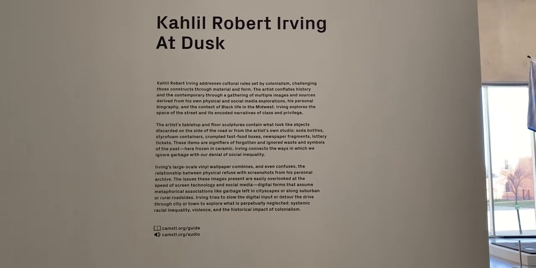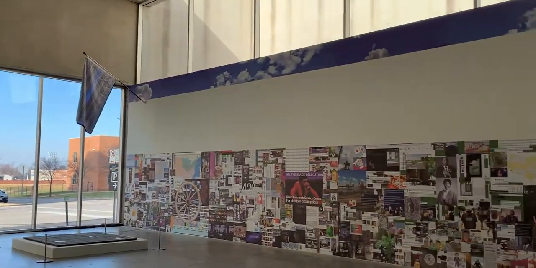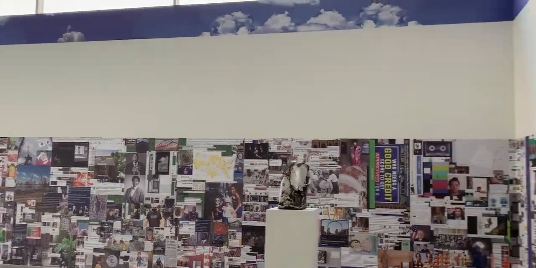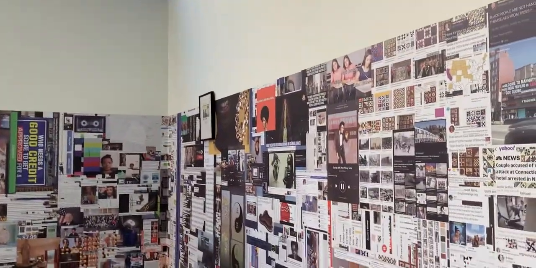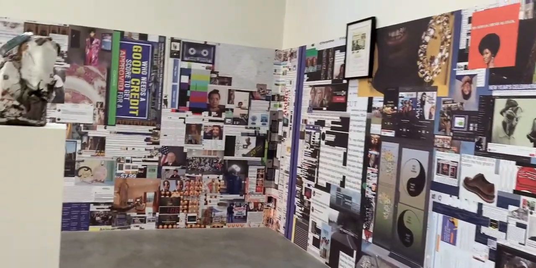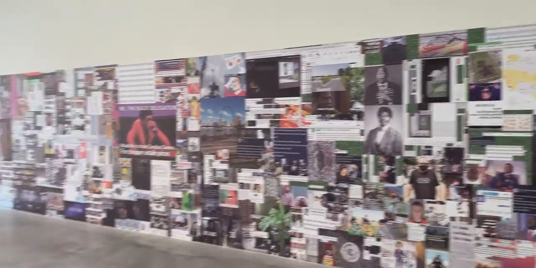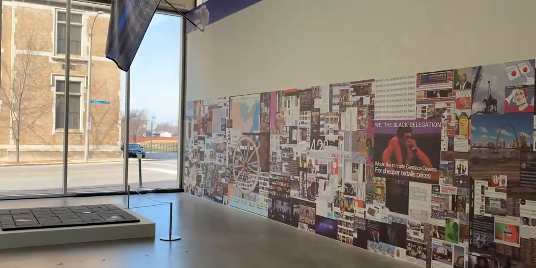Let's take a look at Kahlil Robert Irving's current exhibition in our museum titled At Dusk. It includes different forms of art, both two-dimensional and three-dimensional. Let's take a look around.